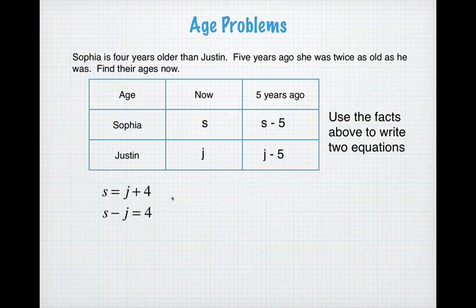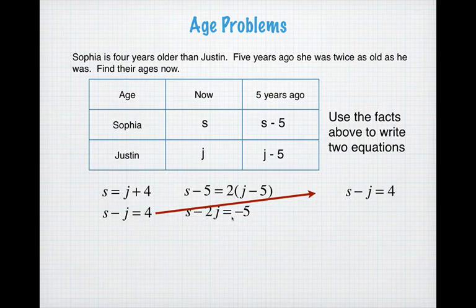Now the next sentence says 5 years ago, Sophia was twice as old as Justin was. So 5 years ago, that's S minus 5 equals twice, 2 times Justin's age. Now I'm going to simplify this a little bit and move the variable to the other side.